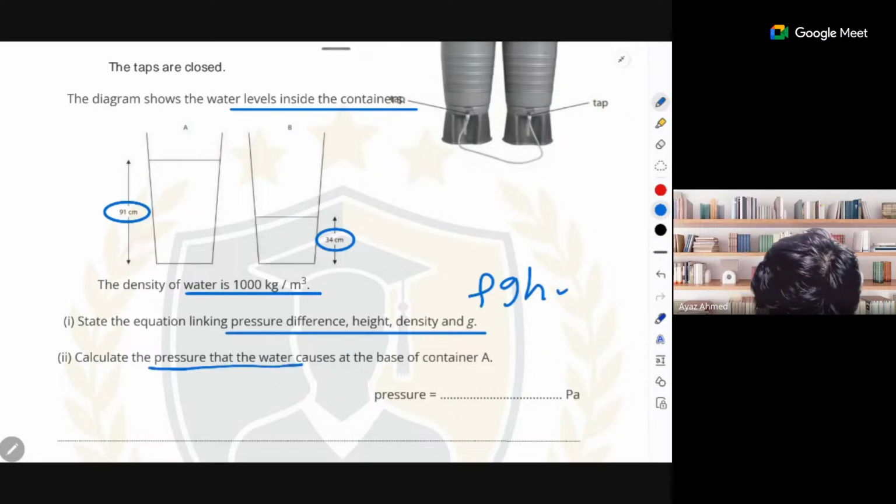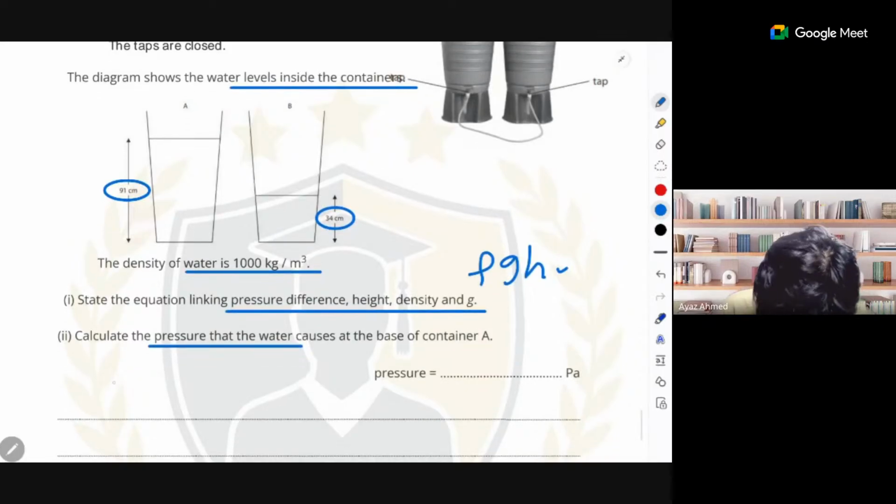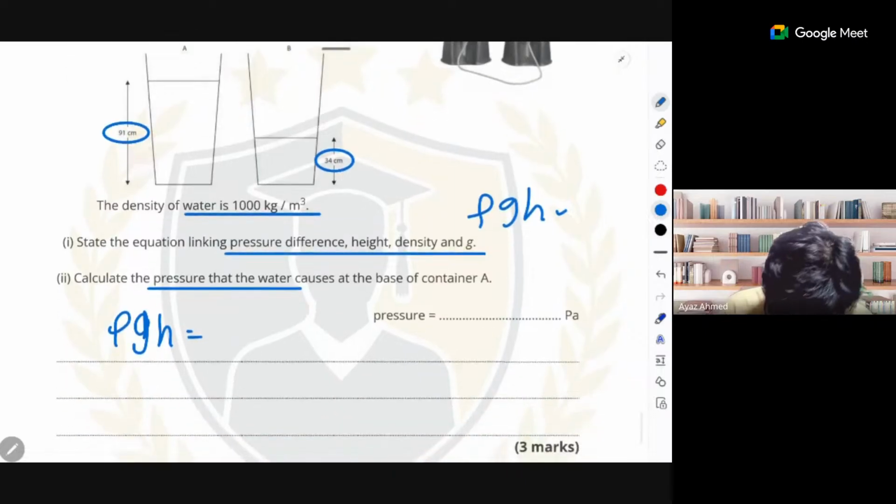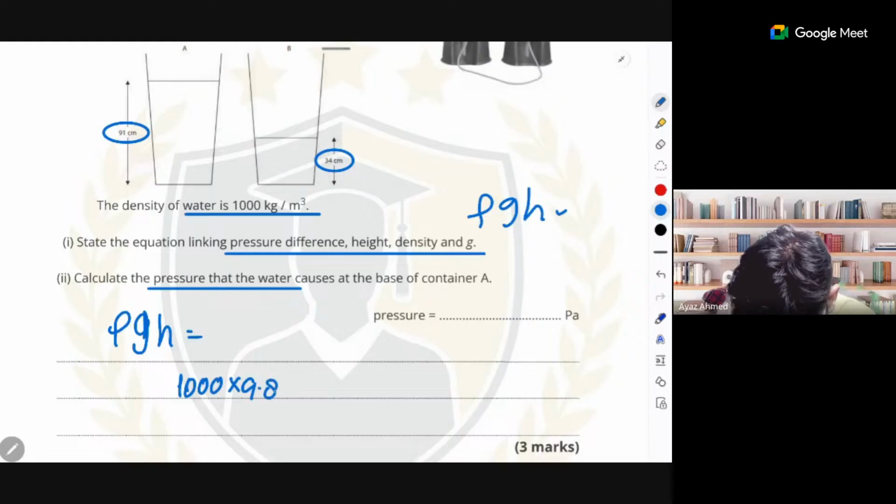Calculate the pressure of the water at the base of container A. It would again be rho, g, and h. So you will plug in the values: 1000 × 9.8 × 0.91 meter, since 91 centimeter is 0.91 meter.